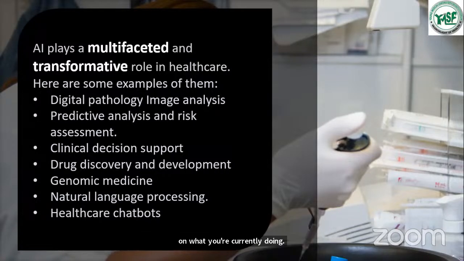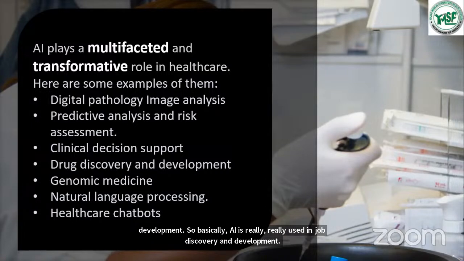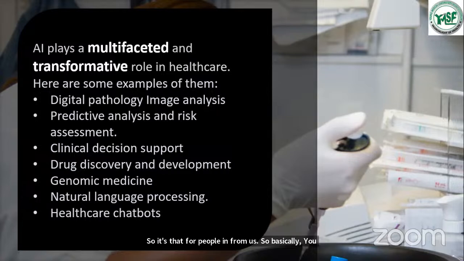So we have drug discovery and development. So basically AI is really, really used in drug discovery and development. So these are for people in the pharmaceutical industry. The drug discovery process takes lots of time and lots of money. If you really researched drug discovery and looked at how a drug is discovered, you realize that there are a lot of experiments, a lot of things that go into drug discovery.